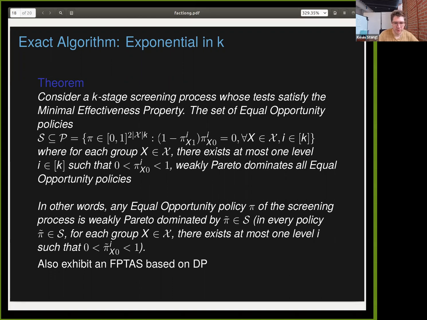Because of this structure, you can search through it just by freezing the fractional layer and then doing the 2 to the k search for the other tests. That's very satisfying. We also exhibit an FPTAS based on dynamic programming to solve this problem that is not exponential in k, and just depends on the rounding.